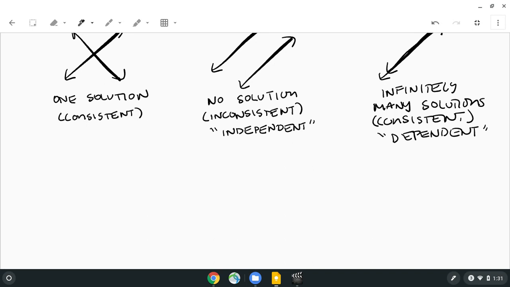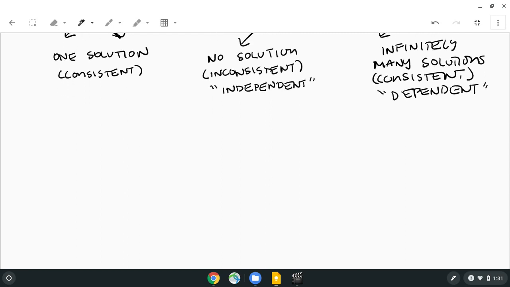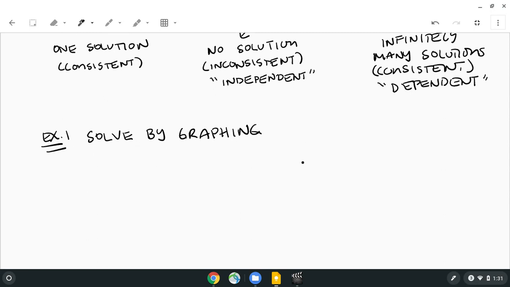All right, so let's take a look at an example. Let's go ahead and solve by graphing. We looked at 2 ways to graph lines. It doesn't matter to me which method you use. I think they're both, depending on how the equation is written, pretty easy to use.